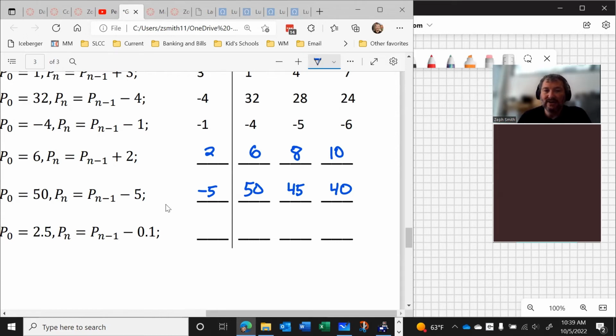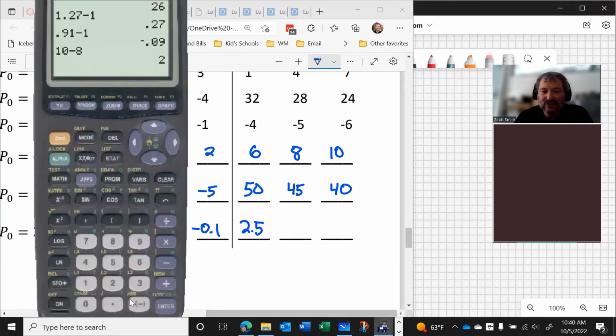Okay, so what is D for this last example? Negative 0.1. Perfect. And we're starting off with 2.5. Many of you have a calculator with an answer button.